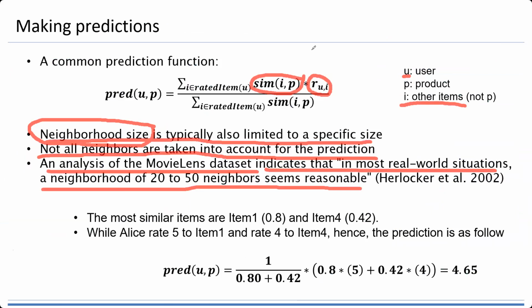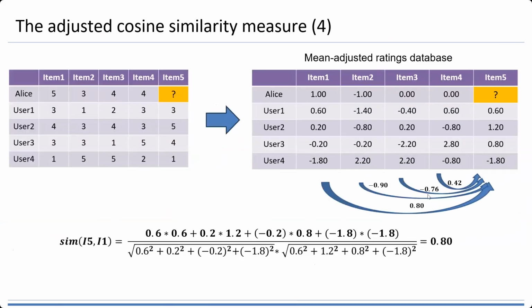Now, by looking at the previous result, I already gave the similarity measures. Item 1 and item 5, the similarity is 0.8. Item 2 and item 5, the similarity is minus 0.9. Item 3 and item 5, minus 0.76. And item 4 and item 5 is 0.4.